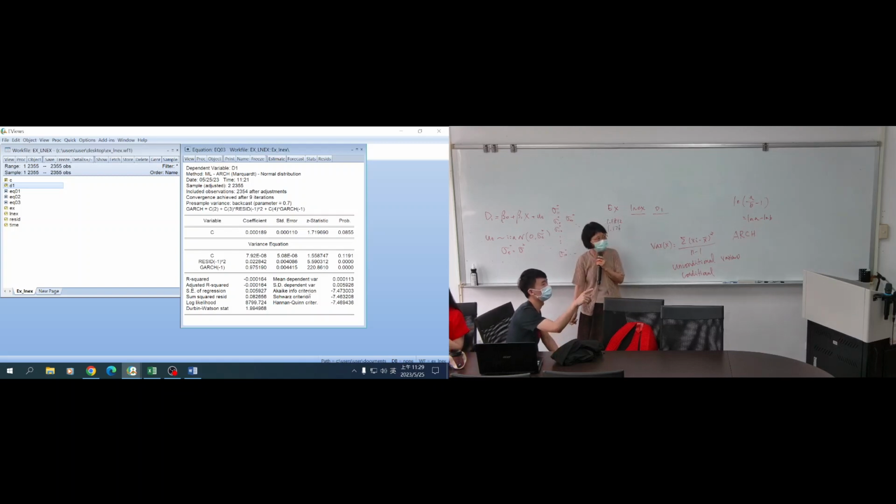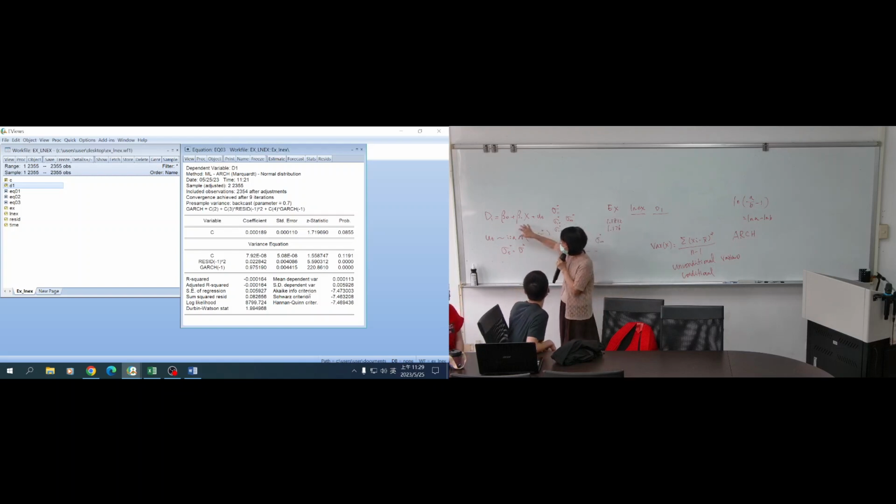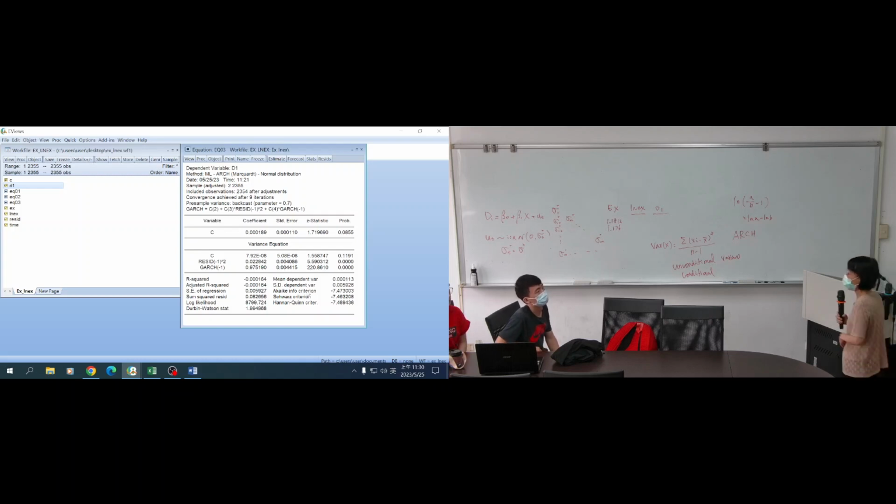So after doing this one, do we just substitute it back to the original formula? Yes, then all the estimations from here are more accurate than the OLS.